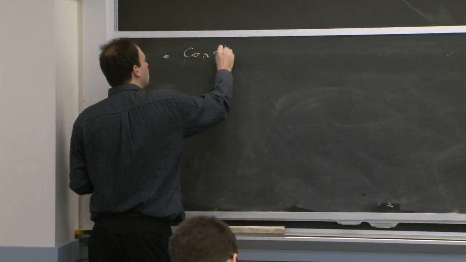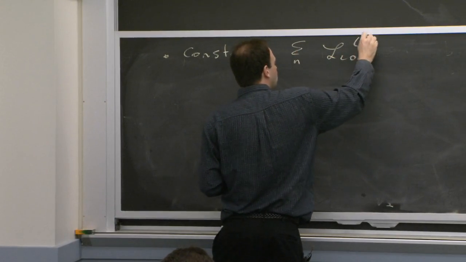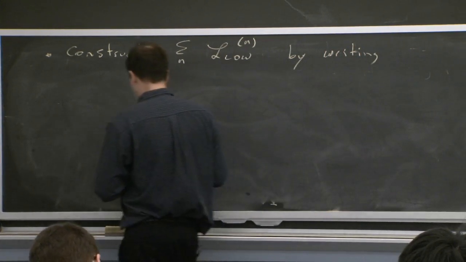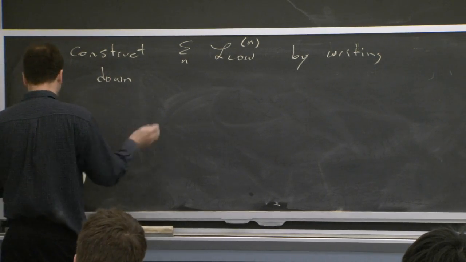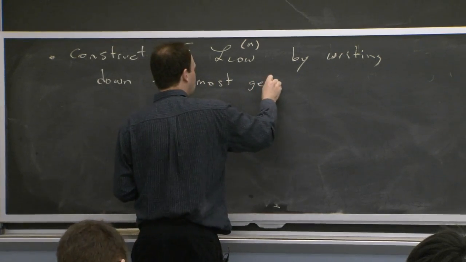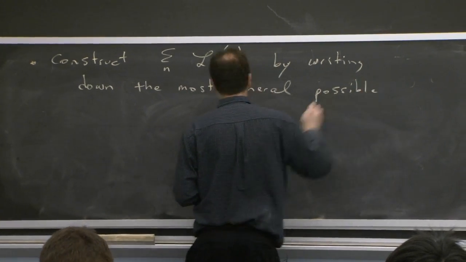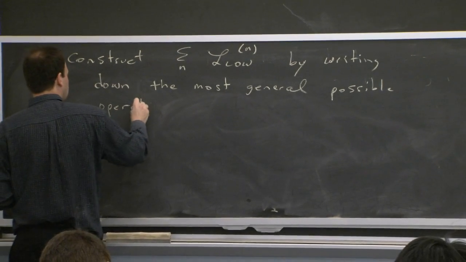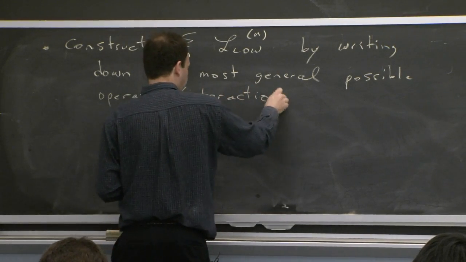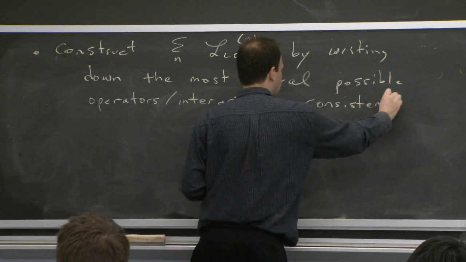So we construct this series simply by writing down the most general operators that we can think of, consistent with whatever degrees of freedom we have, and of course consistent with the symmetries that we're imposing.